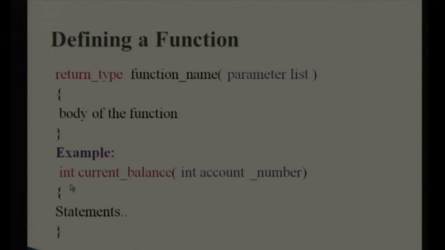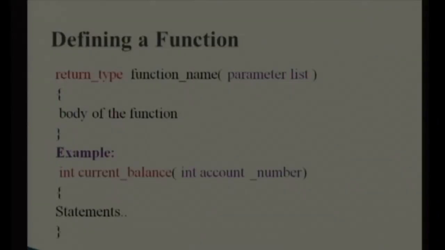So it will return the amount, which is an integer, then the name of the function, and then what we are passing: the account number, because the account number is the basic information this function requires to find the account, read the value available in the balance, and return it, right. So this is a prototype or declaration of one individual function.